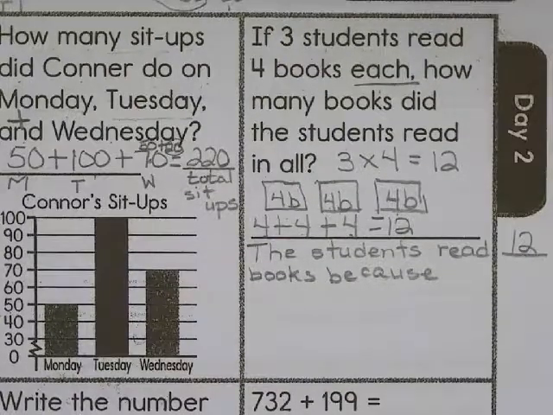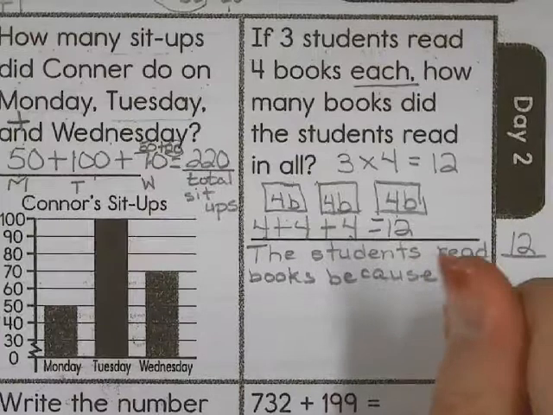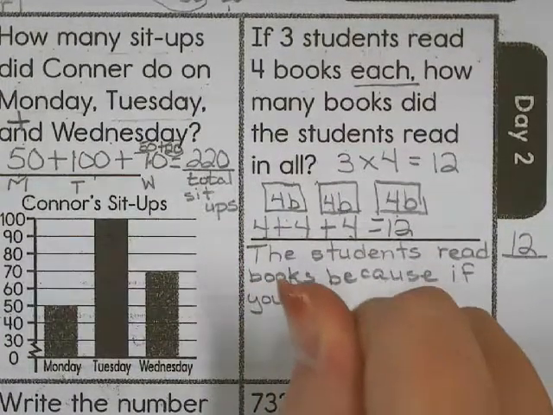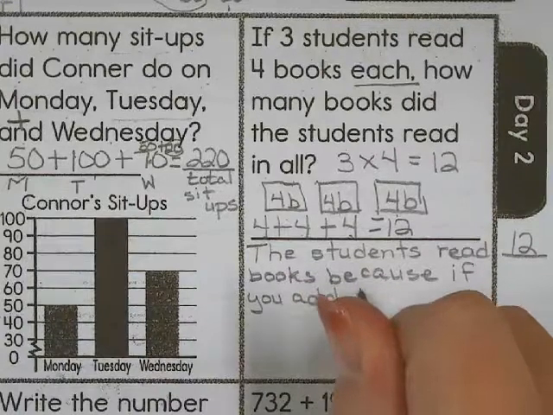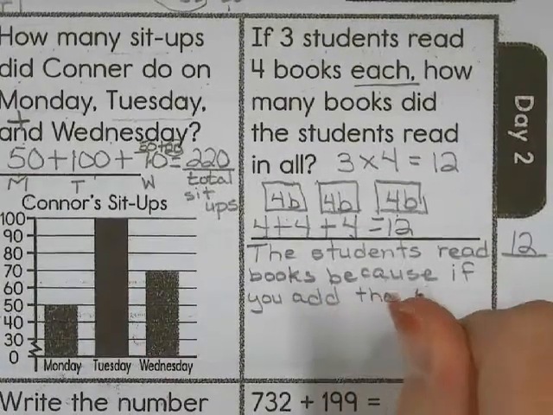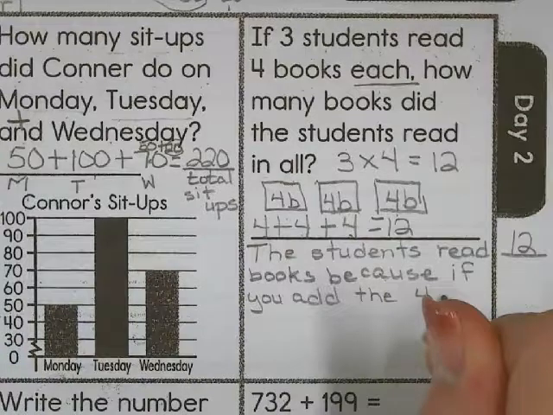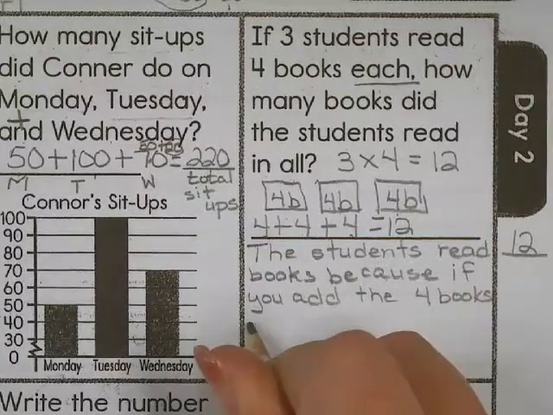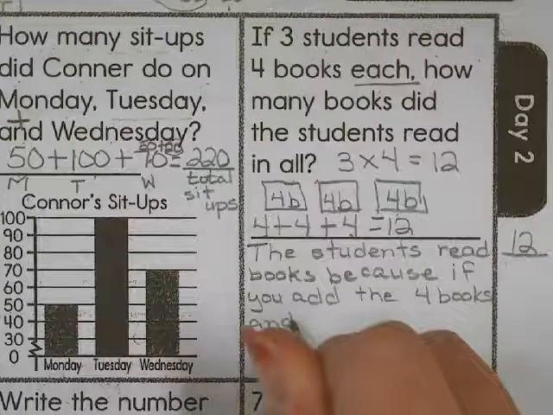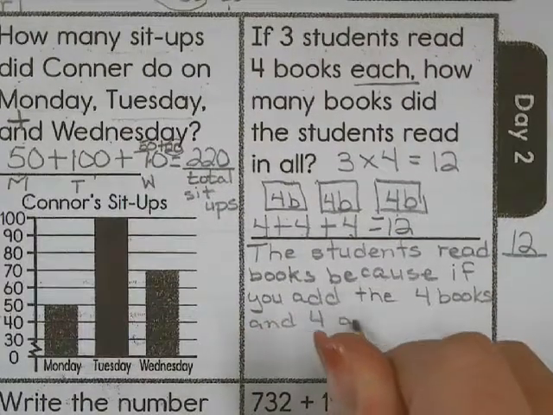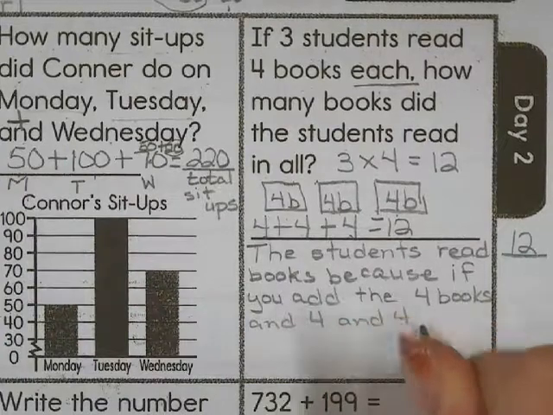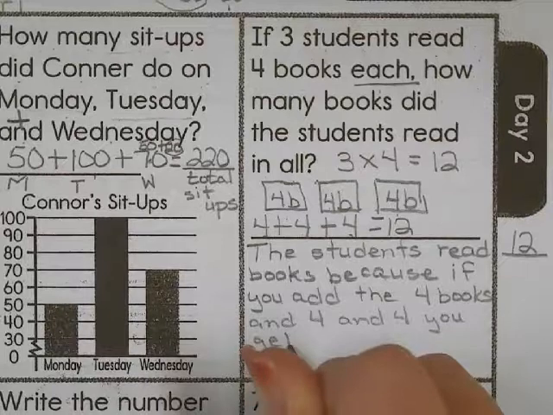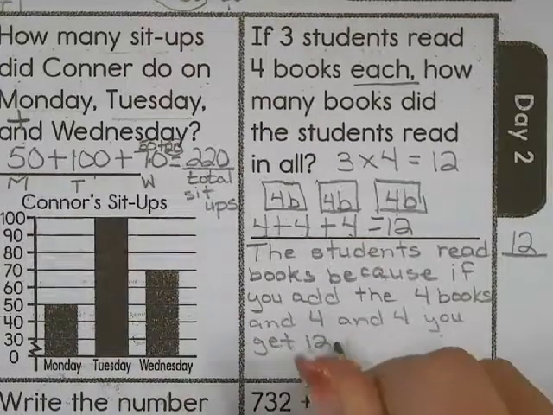12 books because if you add the 4 books and 4 and 4, you get 12 books.